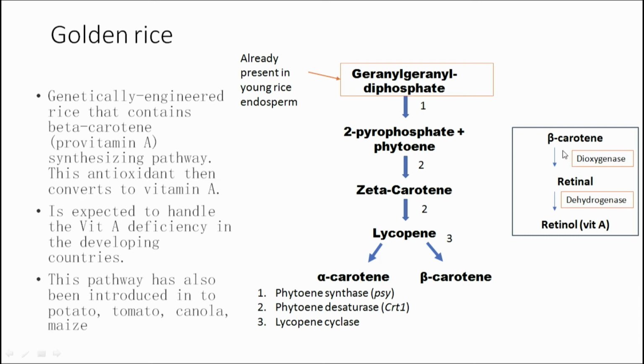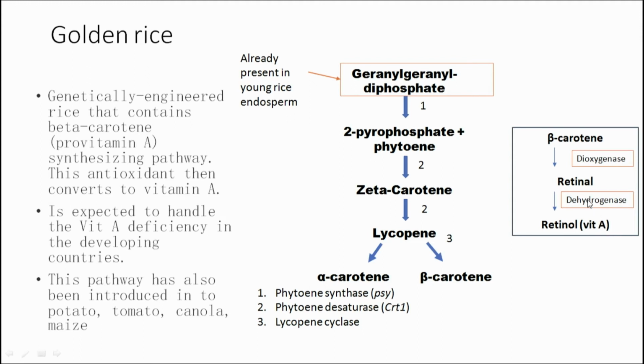So if a rice plant has the capability to make beta carotene up to this stage through genetic engineering techniques, then it already has enzymes like dioxygenase and dehydrogenase, which can convert beta carotene first into retinal and then into retinol, which is nothing but vitamin A.